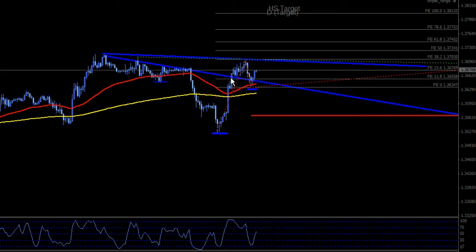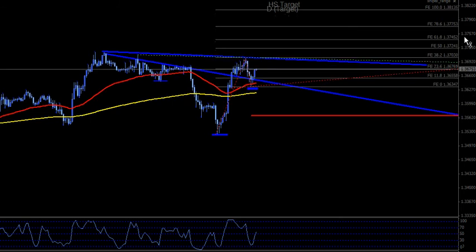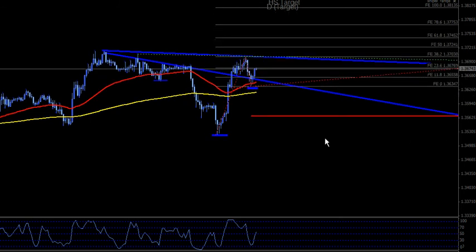Okay? Now, as far as our AB equals CD trade, since we made a low here, okay, and we bounced, and we went up quite a bit, if price closes below here on a 30-minute chart, that's where I'll exit the trade. Actually, I'm up 19 pips now, so I'll move my stop to break even, which I'm going to do right now at 36.55.